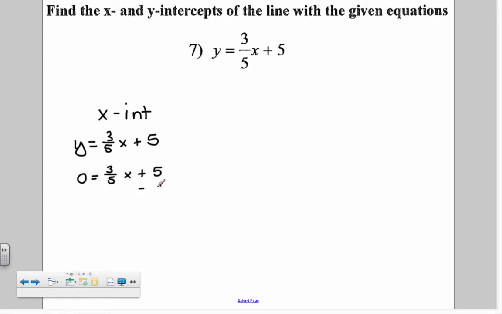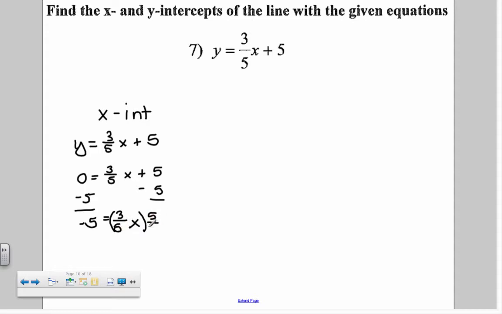So I'm going to subtract 5 from each side to get the variable term alone. That gives me -5. On this side, this is 0, so I'm just left with 3/5 x. And now I need to solve for x. I remember from our discussions in class that to divide by a fraction is the same as multiplying by the reciprocal.